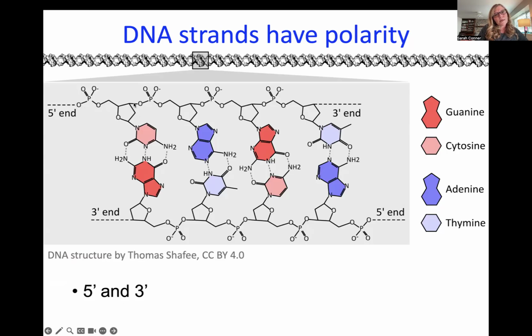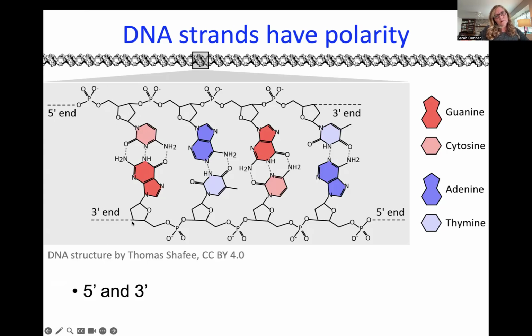So if you move this guy this direction, here's that 5, and then we're connecting off of the 3 to the next one. So a phosphate to the 5 carbon sugar is at the 5 carbon mark, and it's connecting to the next nucleotide on the 3. So this is running from the 5 end to the 3 end.